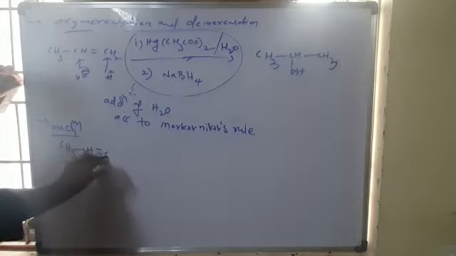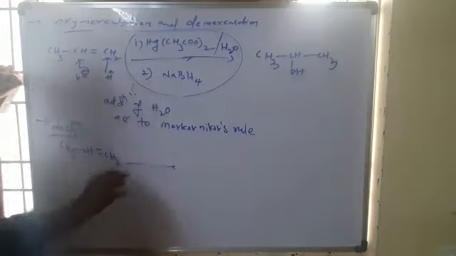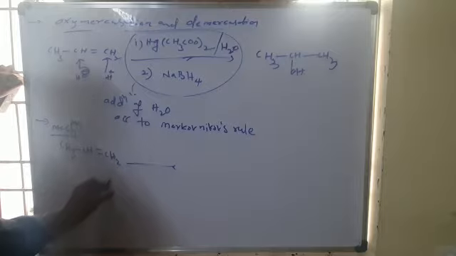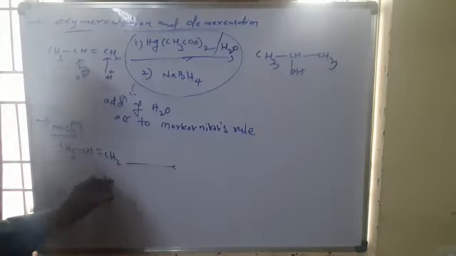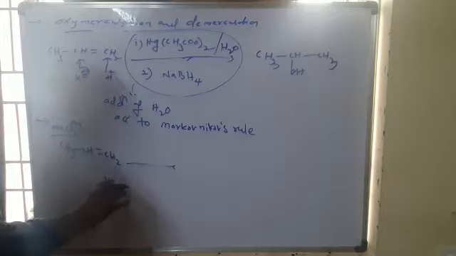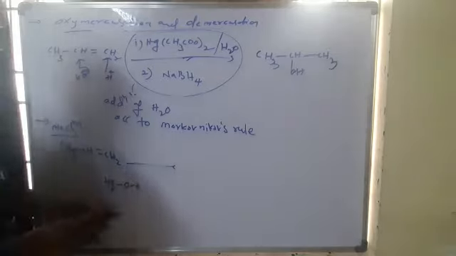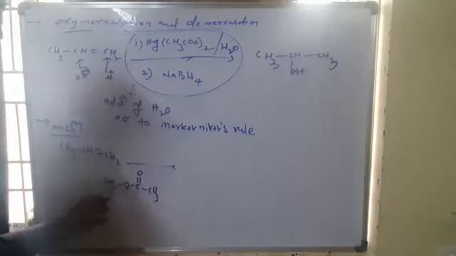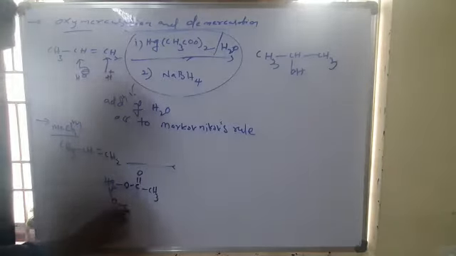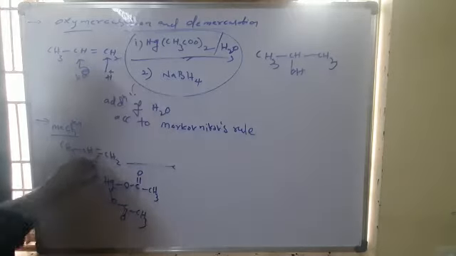CH3 CH double bond CH2, mercuric acetate, C double bond O CH3, O C double bond O CH3. So it will be attacked.